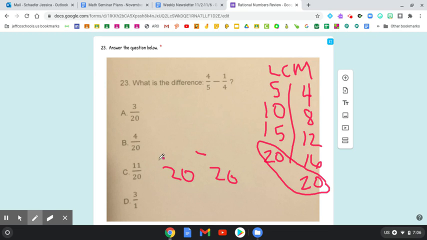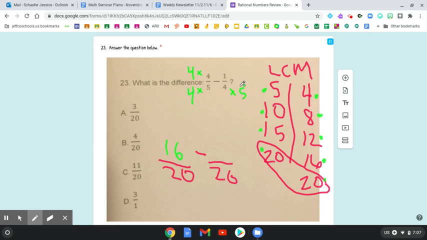I'm subtracting. I'm going to do my dots down the side, figure out what I'm multiplying by. So in the 5s, it's times 4. What I do to the bottom, I'm going to do to the top. 4 times 4 would be 16. In the 4 side, it's times 5.